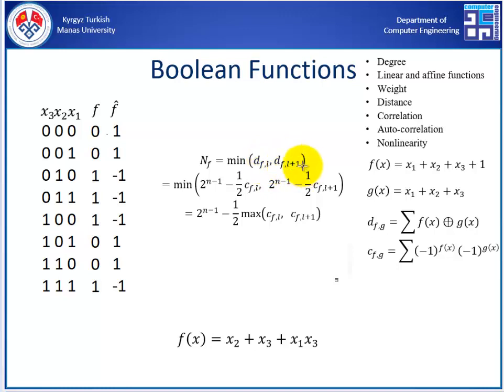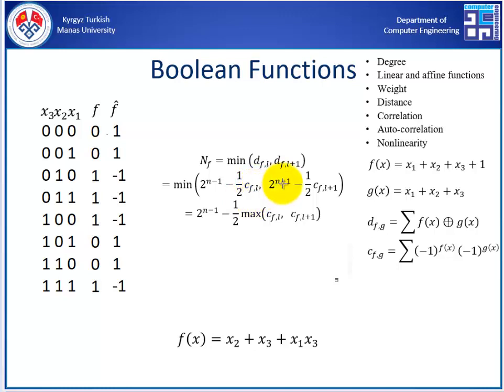And we said before that the distance can be expressed in terms of correlation. So if we change this distance function by the correlation function, we are going to have this expression, that is 2 to the power n minus 1 minus half of correlation between the function and all linear functions.